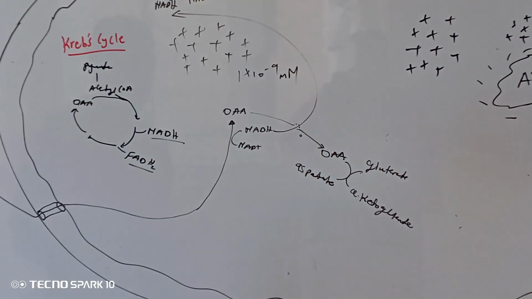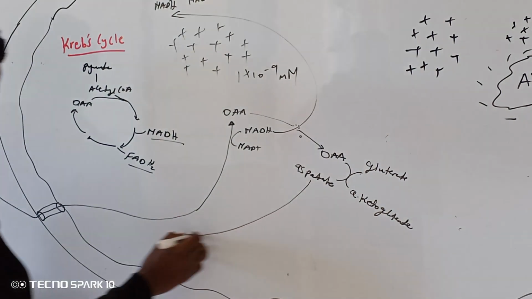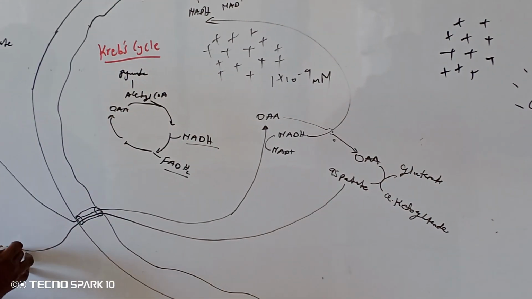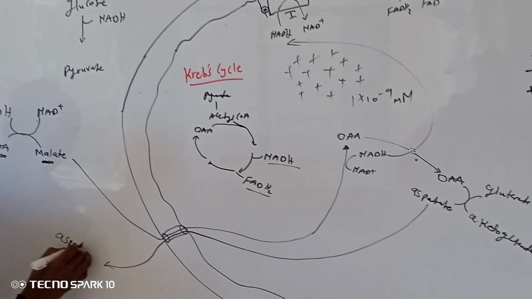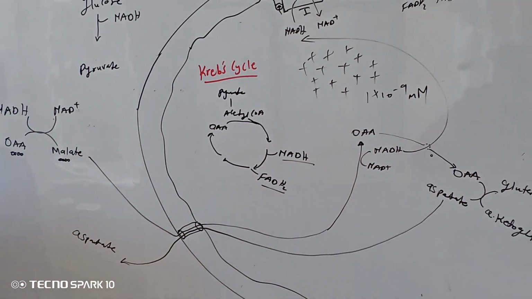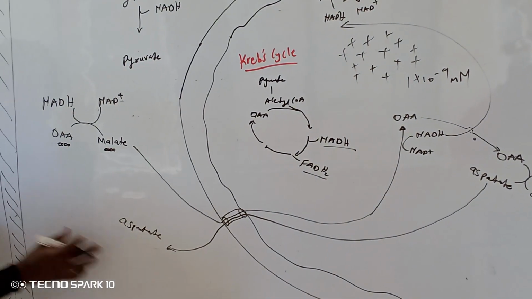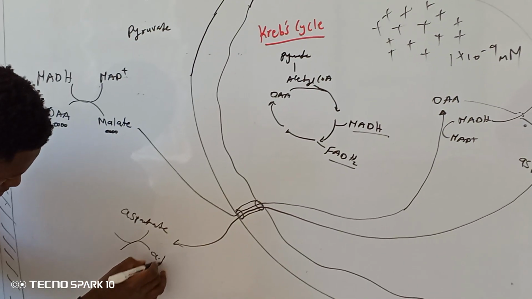Now, aspartate also has the ability to leave the mitochondrion, so aspartate is going to leave. Aspartate is again going to react inside the cytoplasm. So remember, to generate oxaloacetate, aspartate is going to react with alpha ketoglutarate again.